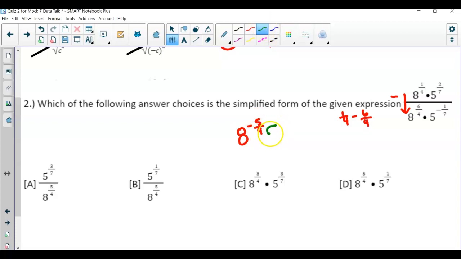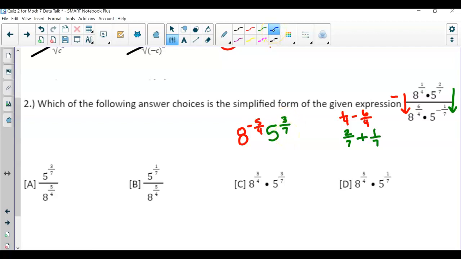Then with the base of 5, we subtract the exponents of 2/7 minus negative 1/7. Notice the negative, so watch your signs, because now we end up adding: 2/7 and 1/7 making 3/7.